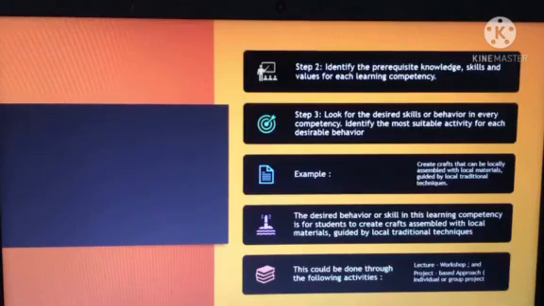The desired behavior or skill in this learning competency is for students to create crafts assembled with local materials, guided by local traditional techniques. This could be done through the following activity: the lecture, workshop, and project-based approach.